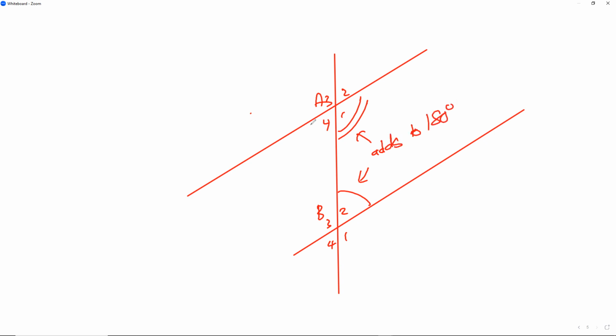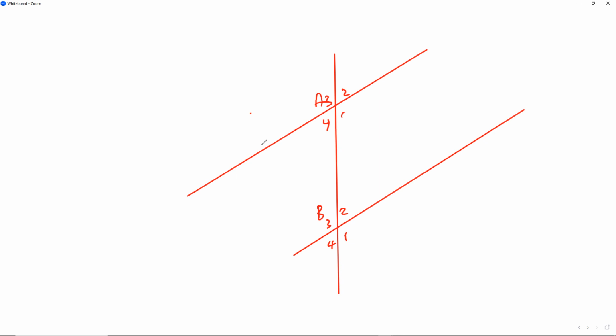Now both angles are on the inside, and we know those two are alternate as well and equal. So obviously that's going to be adding to 180 degrees as well. But these are on the inside, we're not dealing with the outside. So here I can state the following.